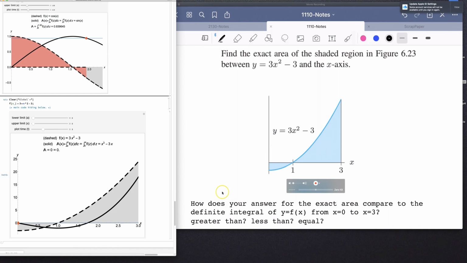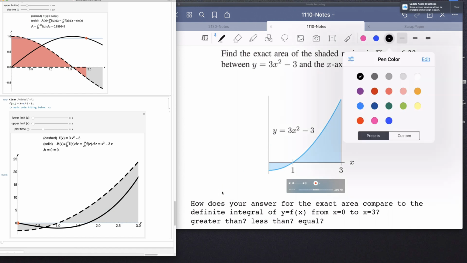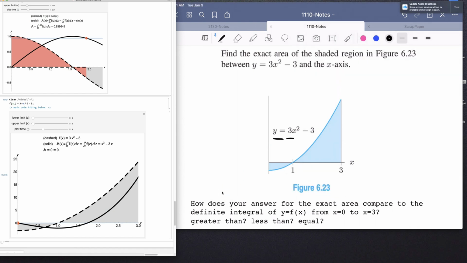The black dotted line is the original function, 3x squared minus 3. And we can see right here that this function is equal to 0 when x is equal to positive 1. So right here, this function crosses the x-axis at that point.